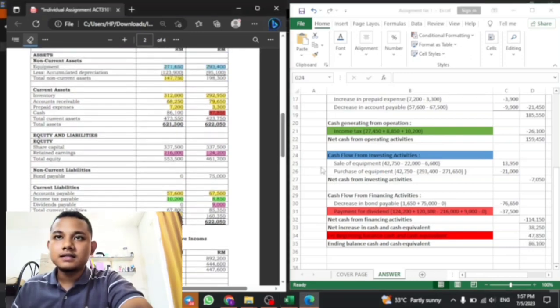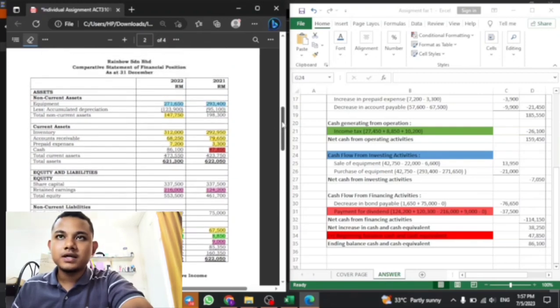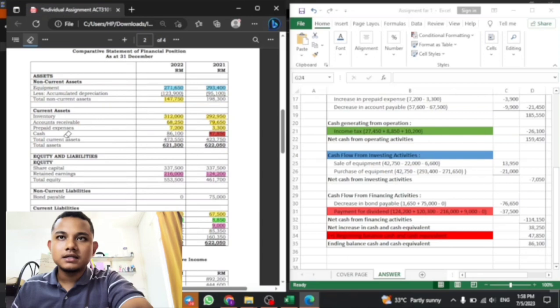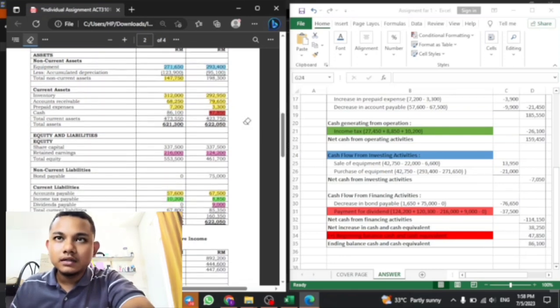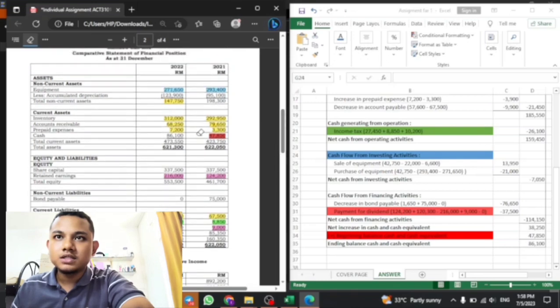I get this amount from the statement of financial position, the cash for the year 2021, and I add these two amounts, and I get the ending balance of cash and cash equivalent, which is 86,100, and this amount is equivalent to the cash for the year 2022, which is RM86,100.